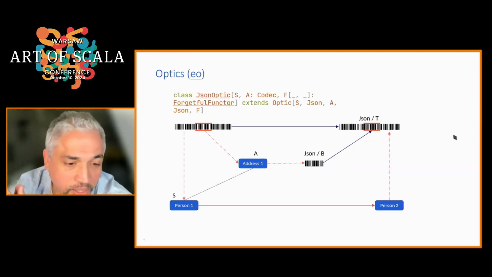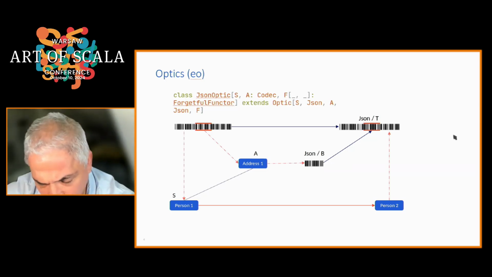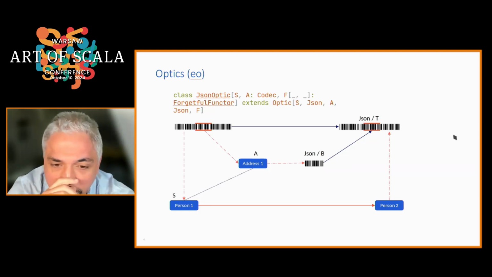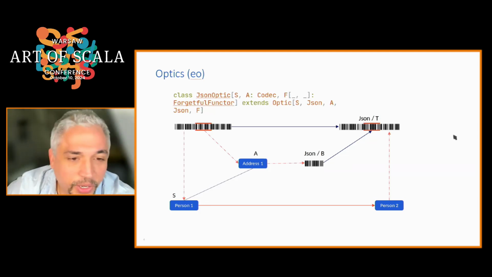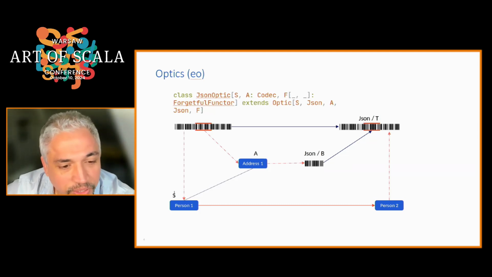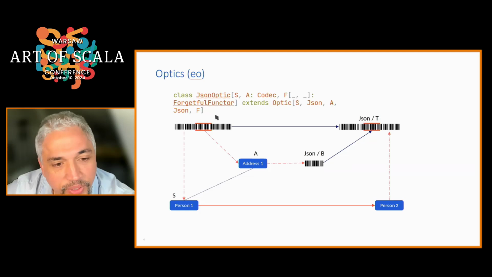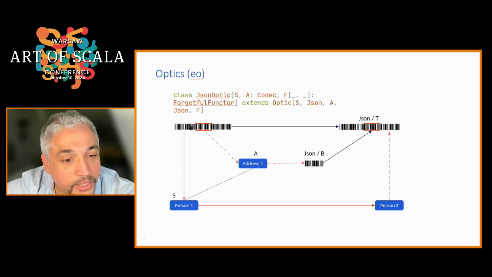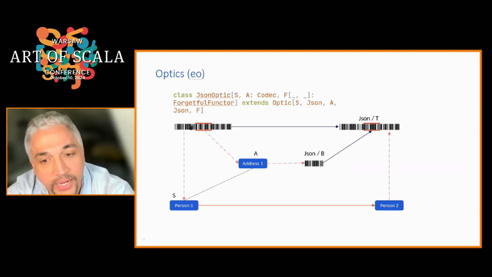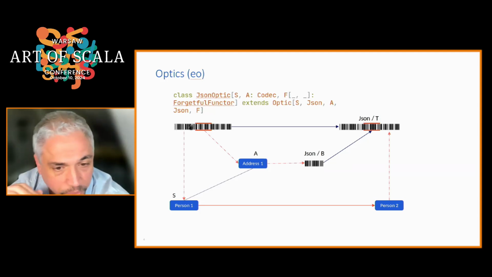So maybe you've seen lenses before, maybe you've used, what is the name of this Java library by Julien Truffaut? It's Monocle. Maybe you've used Monocle before, and you already know that there is a source type, S, that is somehow related to T, right? In this case, one is the in-memory representation of a person, and in the other case, the T is the binary or JSON representation of a person.